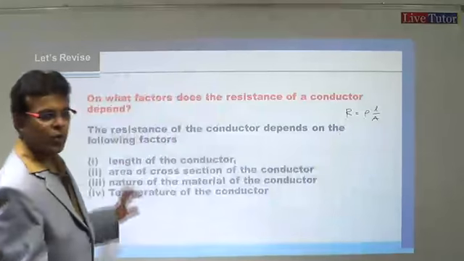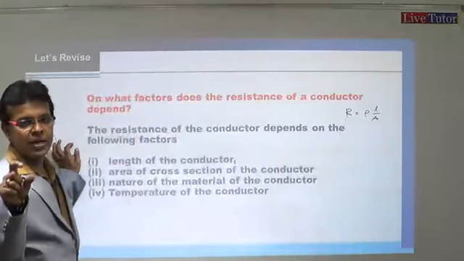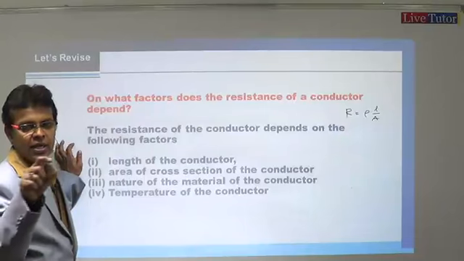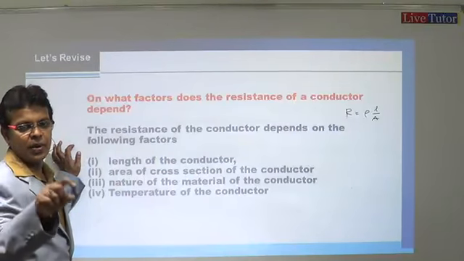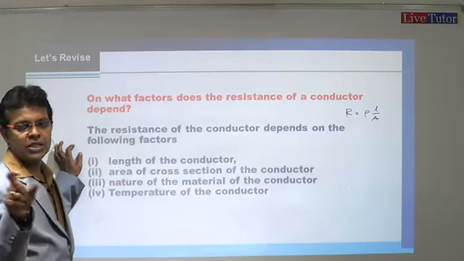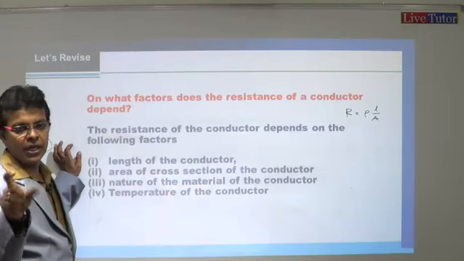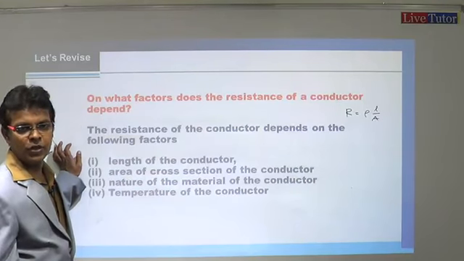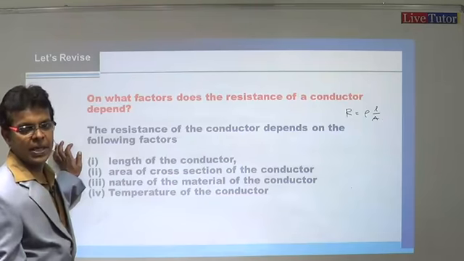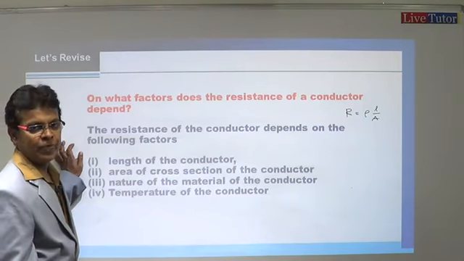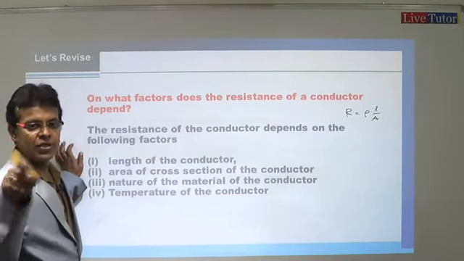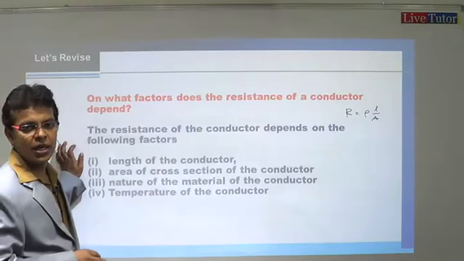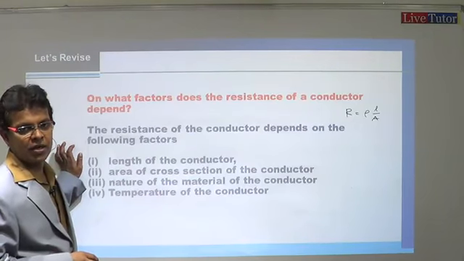But according to Ohm's law we have seen, provided the temperature is constant, at a constant temperature, the potential difference between the two ends of a conductor is directly proportional to the current flowing through that, isn't it? That is what the Ohm's law says. V is proportional to I. So the condition is the temperature should be constant.